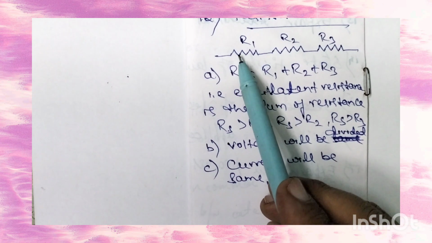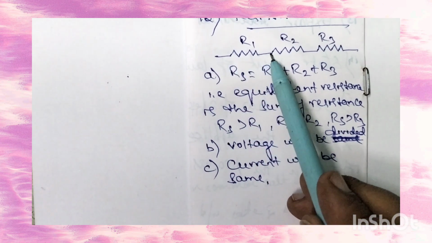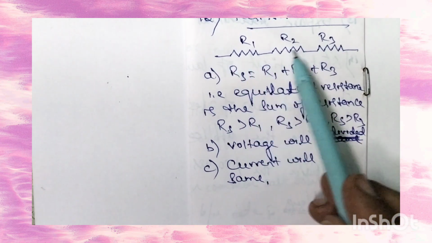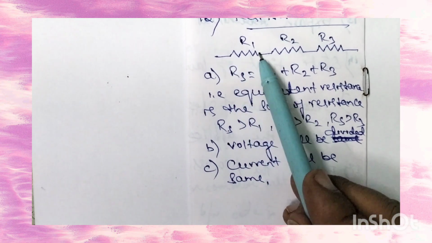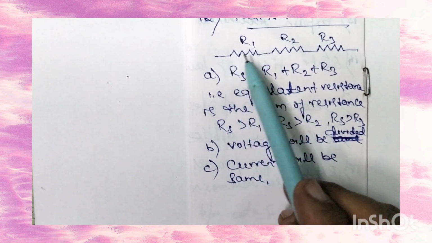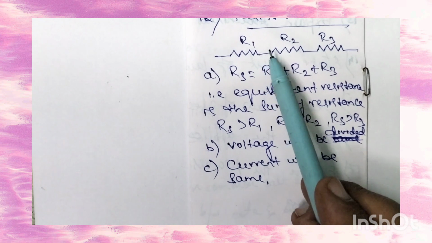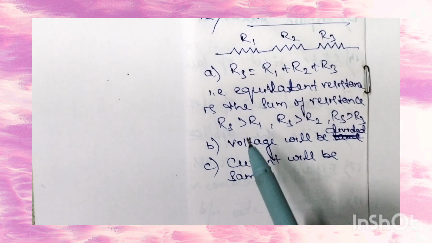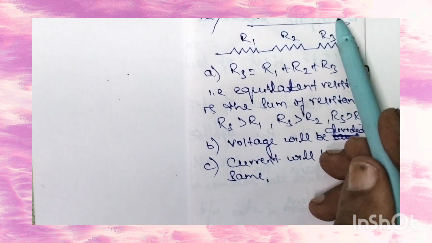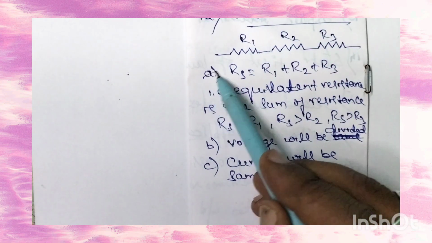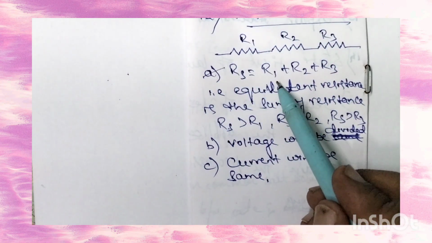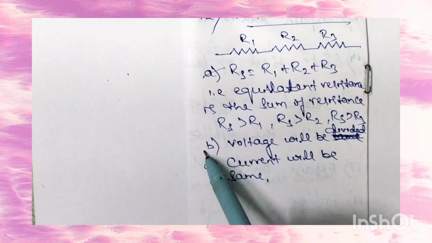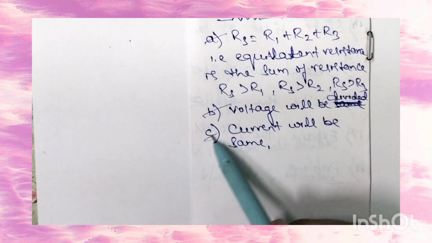If you measure the current across R1, across R2, across R3, it will be the same only. If it is 1 ampere across R1, then it is 1 ampere across R2 and across R3 also. So when the resistors are connected in series, the total resistance will be more than the individual resistance. Voltage will be divided, current will be the same.